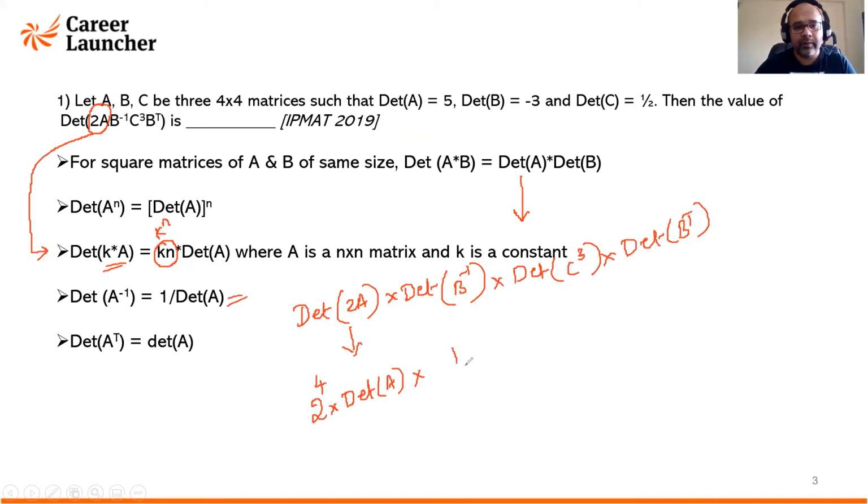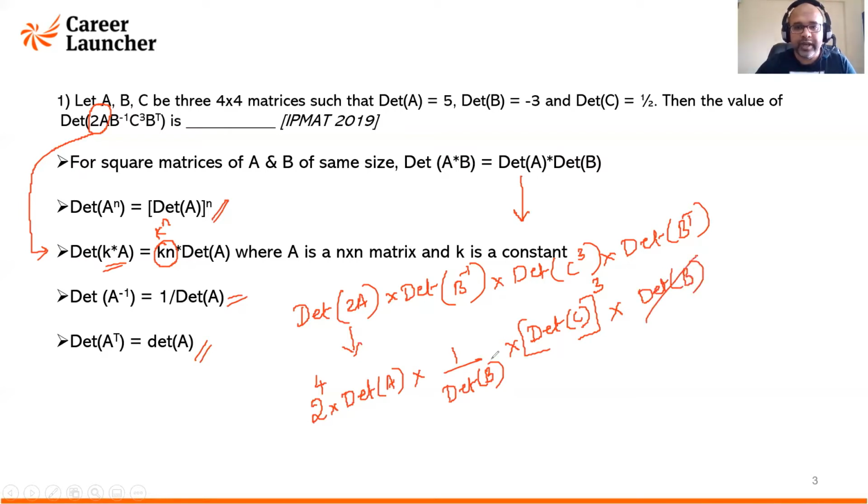It becomes 1 by det of B, into what is determinant of C cube? I will use this property here. This becomes determinant of C whole raised to the power of 3. And finally, determinant of B transpose, I will use this property, is nothing but determinant of B itself.